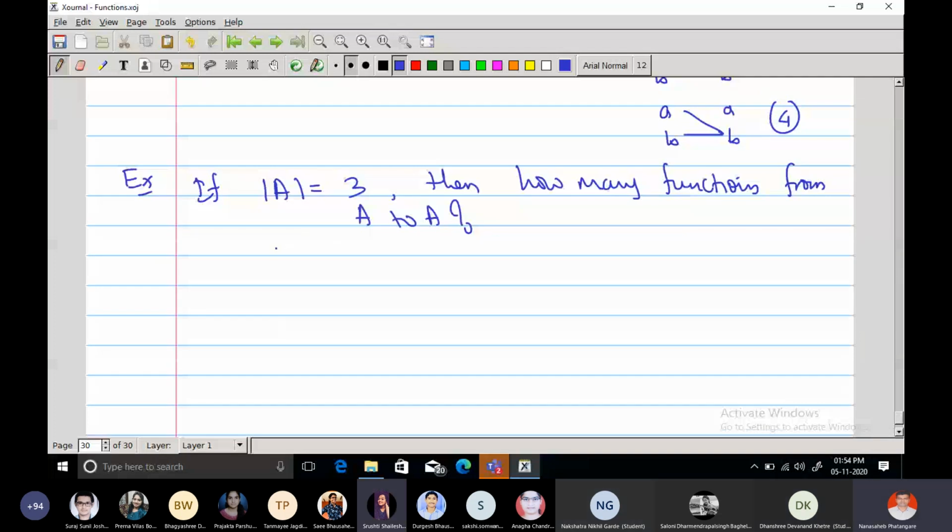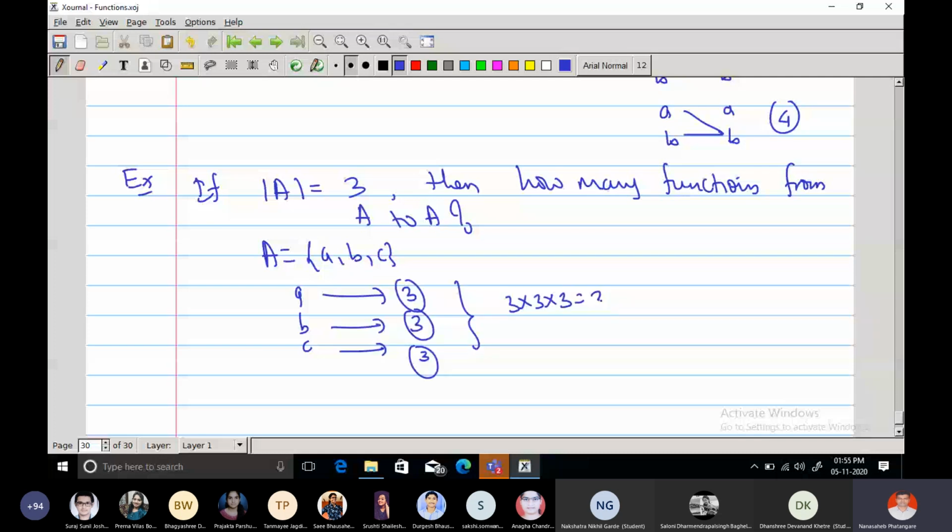Suppose A has 3 elements, A, B, C. So A has how many choices? 3 choices. B has 3 choices. C has 3 choices. Right, and therefore 3 into 3 into 3, that is 3 raised to 3, that is 27 choices.